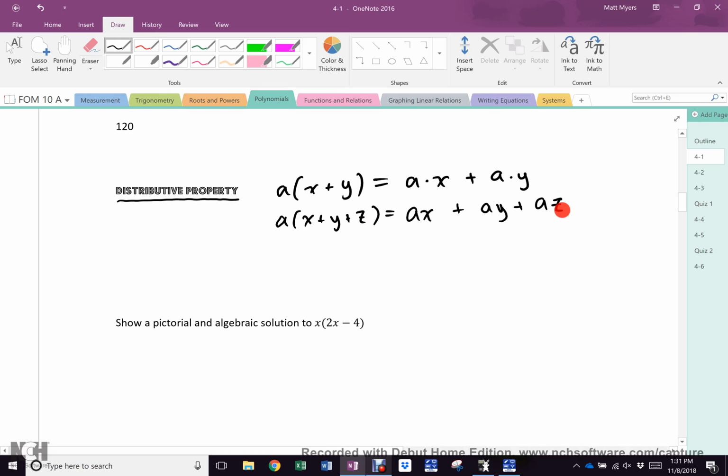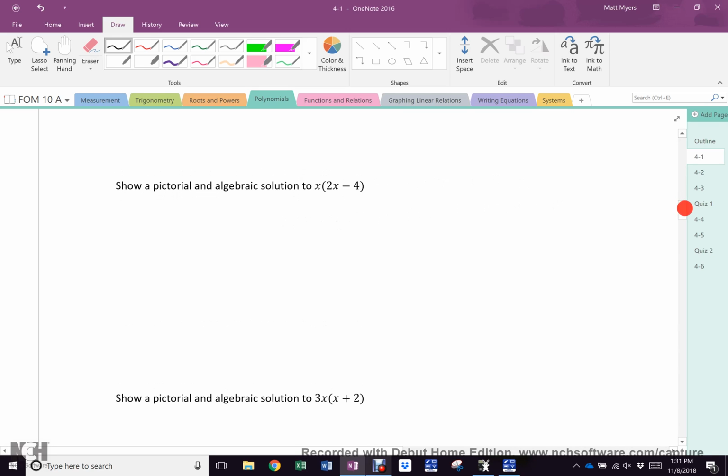Cool? Okay. So here we are going to do a picture and we are going to do algebra. To do the picture, I must remember in my head, it is factor 1, factor 2 on the outside, and product in the middle.